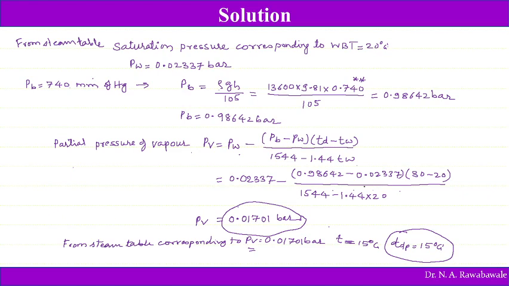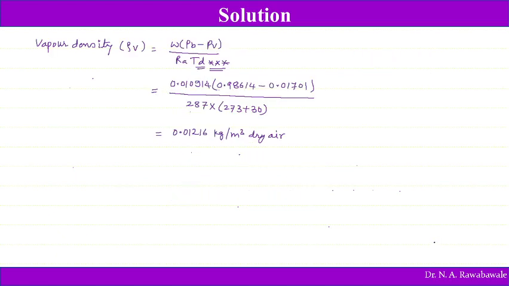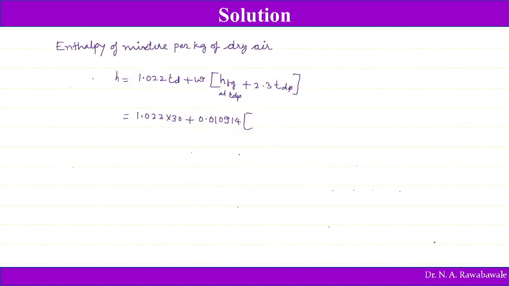Corresponding to 15 degrees Celsius, the latent heat of vaporization h_fg, from the steam table, is 2466.1 kilojoules per kg.